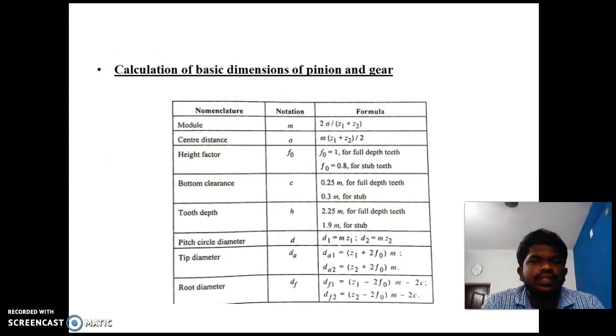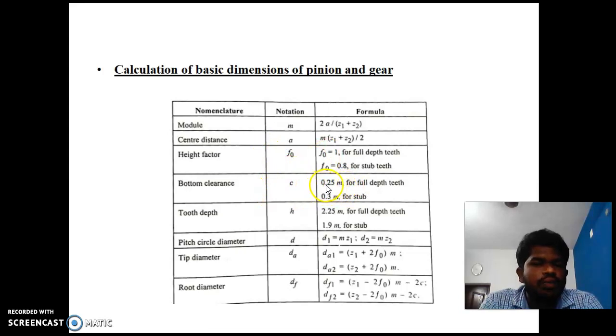The last step is calculation of basic dimensions of the pinion and gear. Suppose the design is safe, next we calculate the basic dimensions of the pinion and gear. So module m, center distance 2A, where A is the center distance, Z1 number of teeth on pinion, Z2 number of teeth on gear. So we are going to calculate the center distance, height factor, bottom clearance.